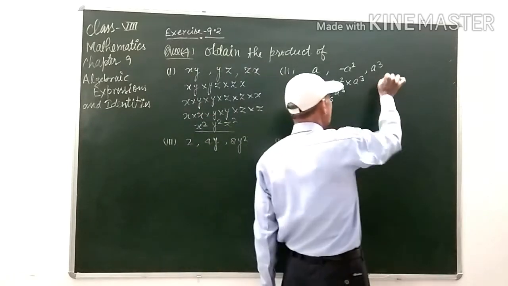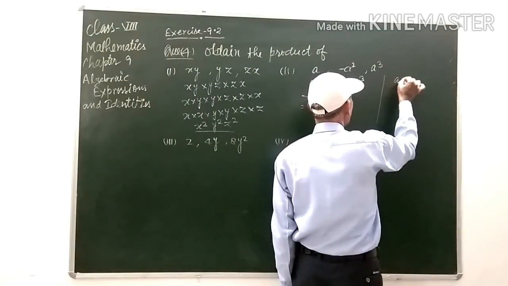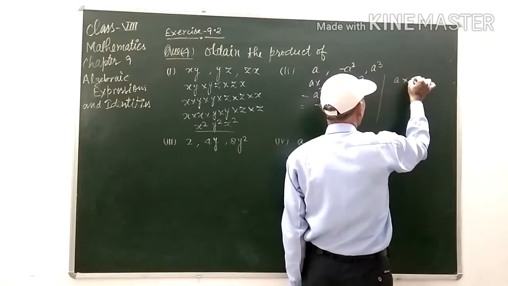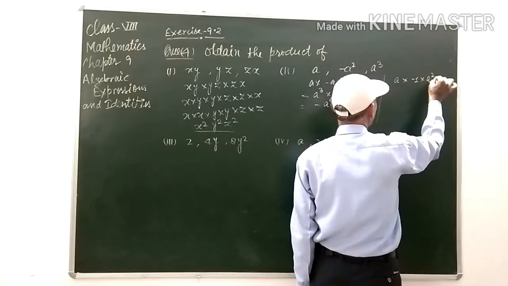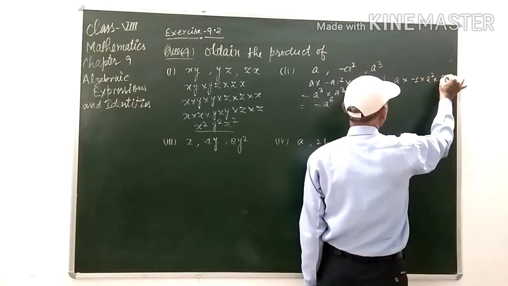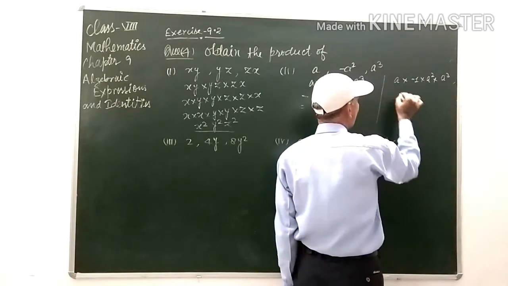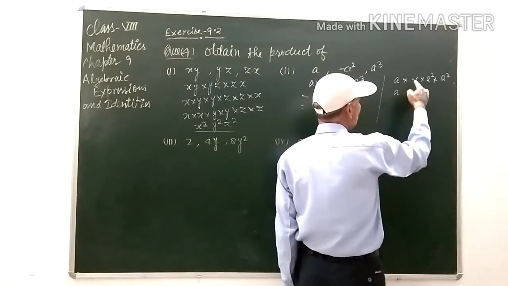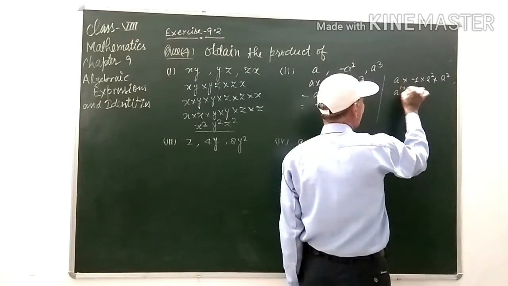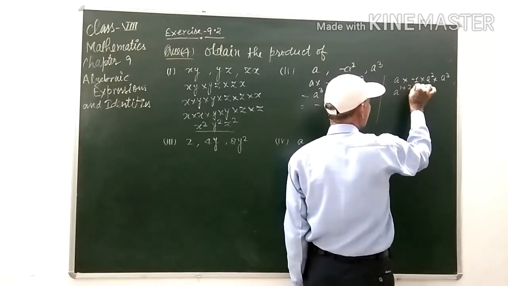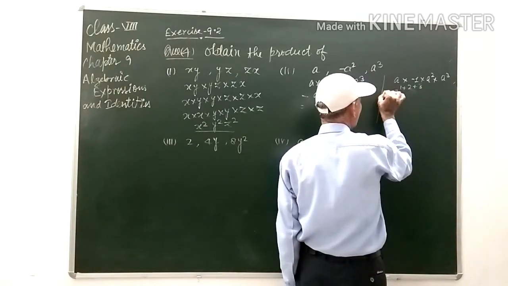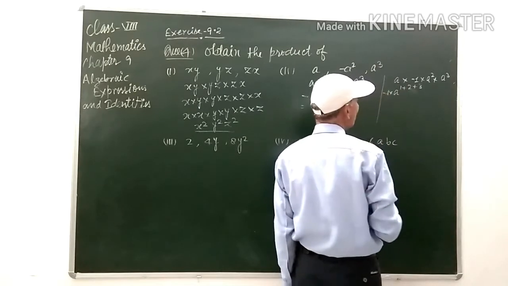Students, we can also do this question this way, a into minus 1 into a to the power 2 into a to the power 3. Base a to the power 1 plus 2 plus 3, and this one minus 1 into this.